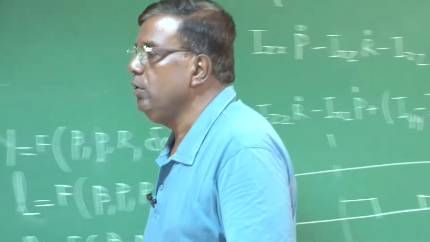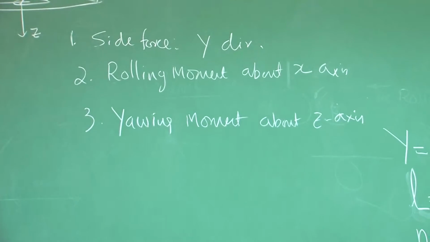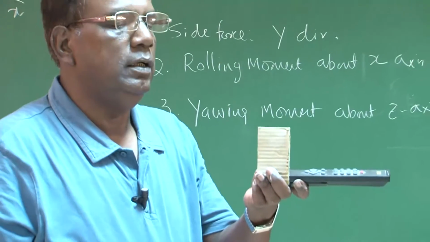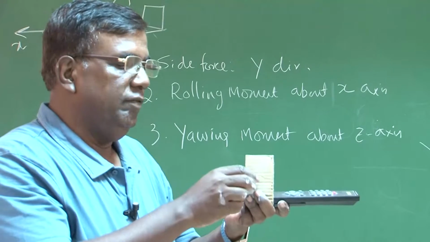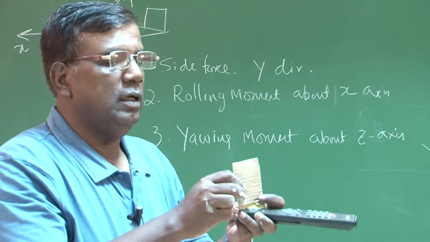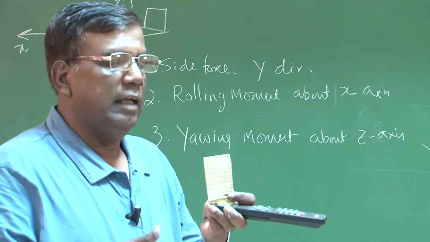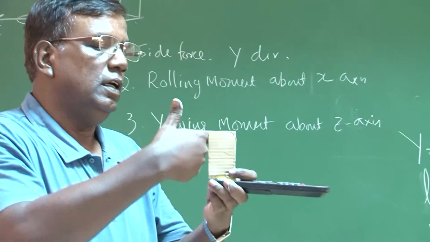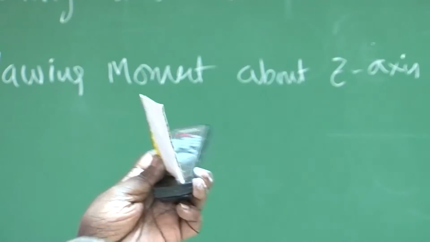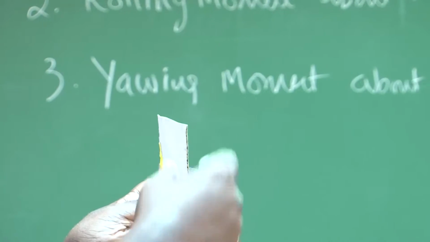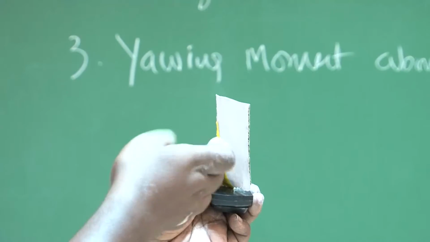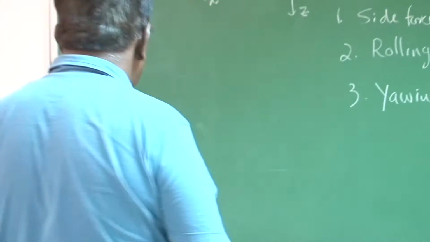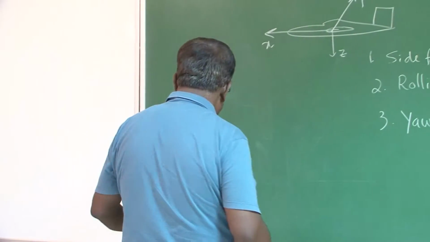Just to make it clearer, if this is the fuselage and this is the vertical tail, then if I deflect the rudder like this, as it is moving forward, it will experience a force towards me in this direction, and this force into this distance will give a rolling moment. So rudder also will generate rolling moment in addition to yawing moment.